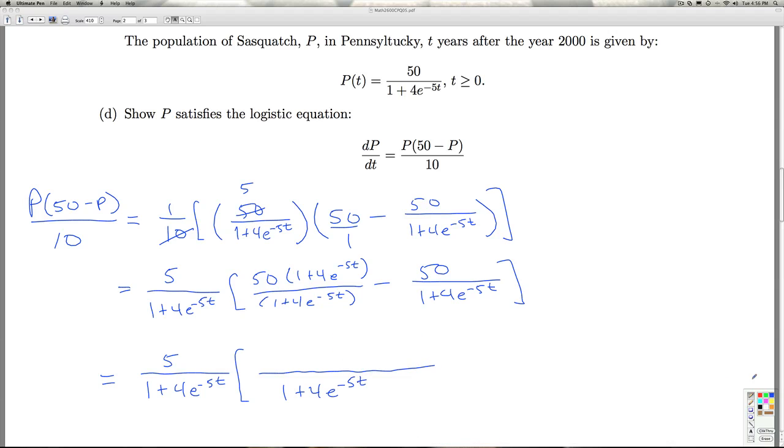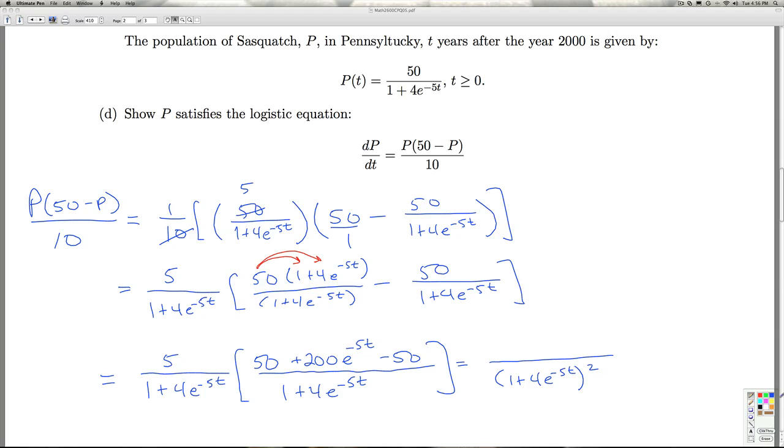Let's see what happens in the numerator. When I multiply this through, I get 50 times 1, which is 50, plus 50 times 4, which is 200e to the negative 5t, minus 50. My denominator is this times that, so I get that quantity squared.